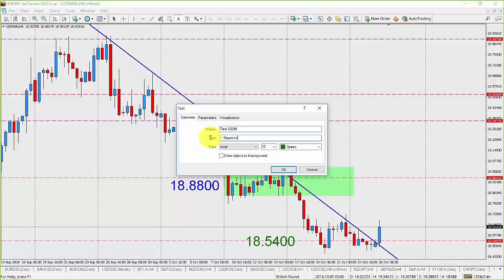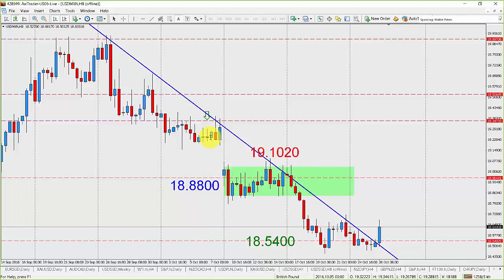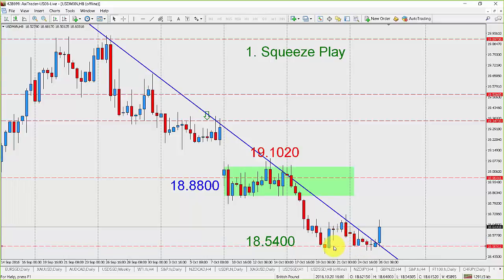And if you guys have any questions, post them in the chat box as we go, but you're not distracting me or anything like that. So with the squeeze play, the way that it works is I look for an established trend. So obviously with the Mexican peso, it's been going down here for some time. And then what we want to see here is we want to see the market lock into where it gets stuck between a rock and a hard place, so to speak.